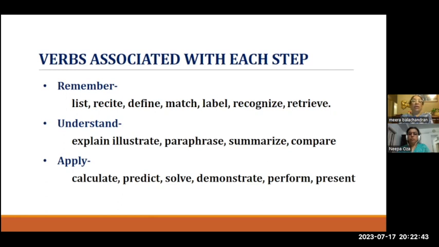Understand. When we want to write an objective that involves understanding, we say, explain. What does the author mean when he says so and so? Can you illustrate the character of this person by giving an example of his behavior? Can you paraphrase the whole chapter or the paragraph in 2 lines?